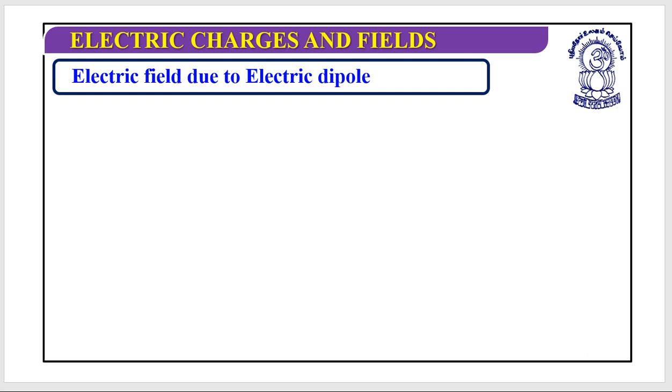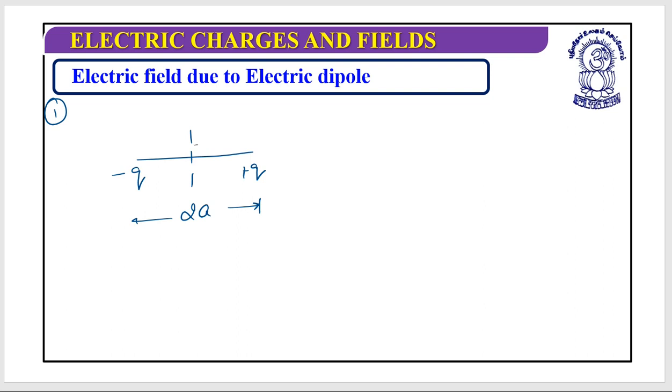So basically primarily we have two arrangements. In the first arrangement, a situation would look like this. This is minus q, this is plus q. The separation between these two charges is, let's say, 2a. This is the midpoint.